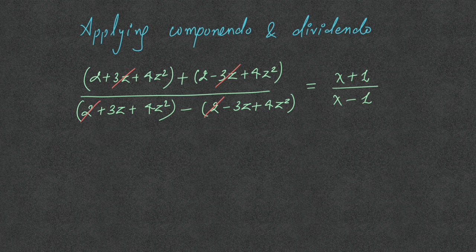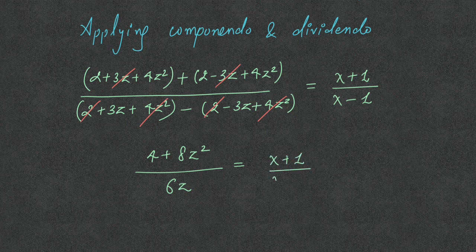We get (4 + 8z²) divided by 6z, because the 4z² and −4z² also cancel, and this is equal to (x + 1)/(x − 1).